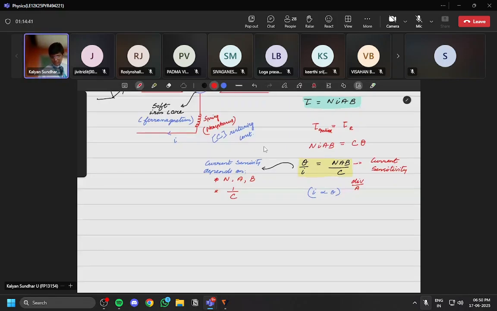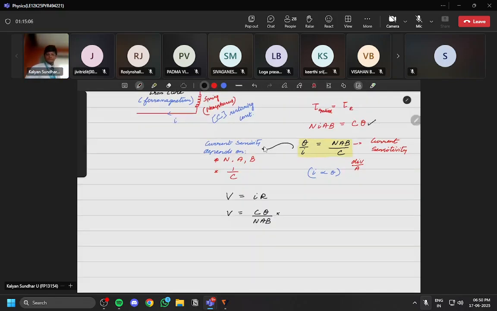Next one is about the voltage constant. Voltage sensitivity. V is equal to I into R. V will be equal to, what is the I value which we have found out in the relation? I is C theta divided by N A, correct?